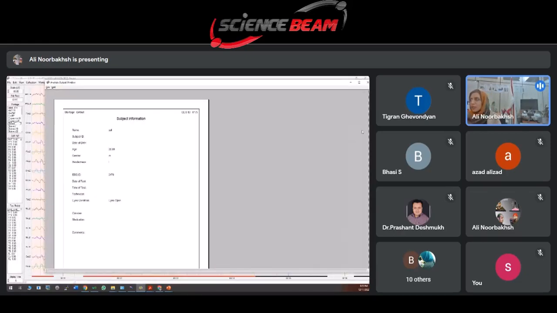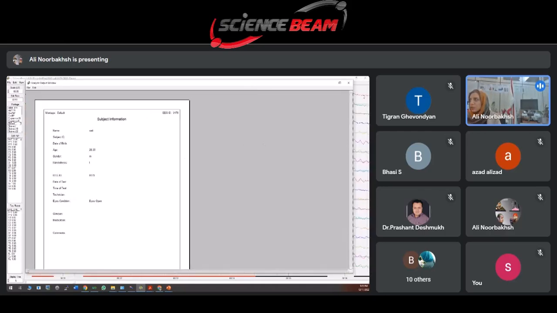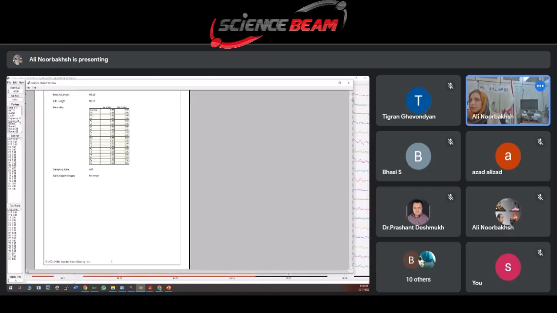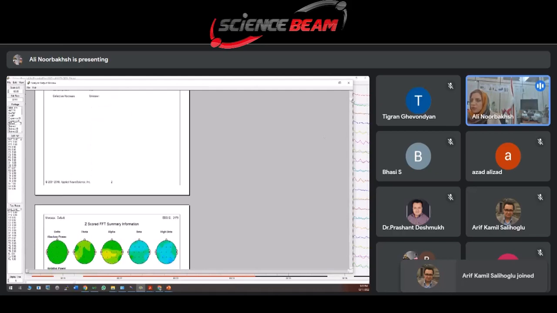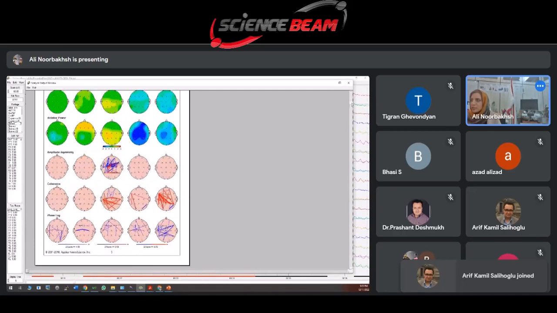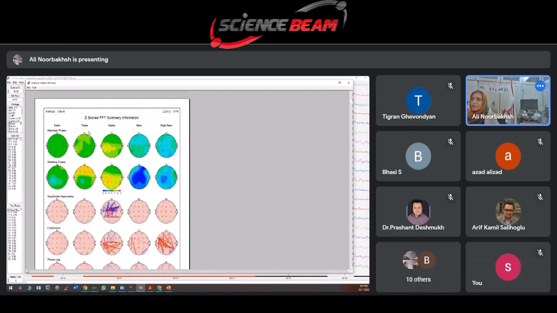This page is related to subject information, availability of the signals. And this page is related to Z-score FFT summary information.